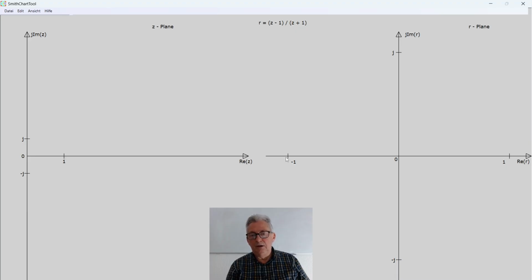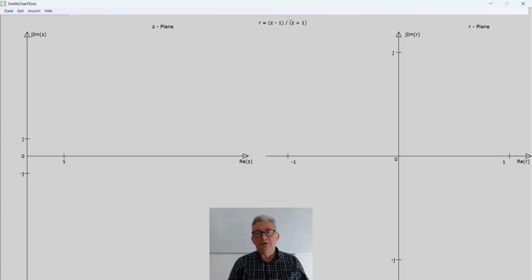For example, here we have a -1, which means we have a short circuit. Here we have a +1, which means we have an open circuit, and here we have j and minus j. And what I want to do now is to show you how we can map certain elements from the Z plane onto the gamma plane.